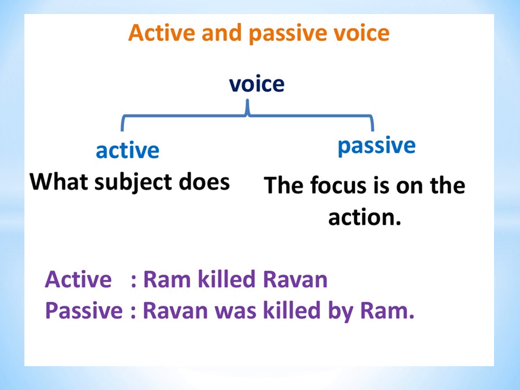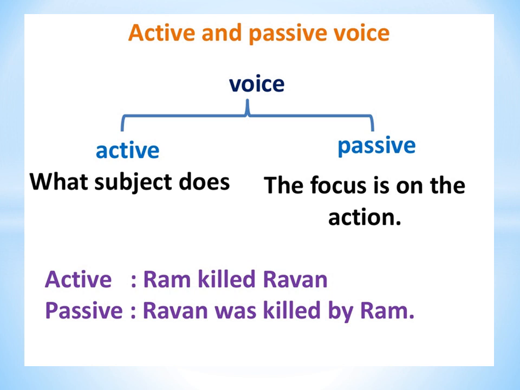So, according to the following examples in the active and the passive: Ram killed Raven. Ram is the subject of the sentence, killed is the verb, and Raven is the object. The most important thing is to know who killed Raven. Who killed Raven? It is Ram.